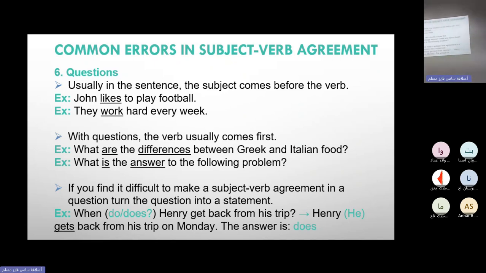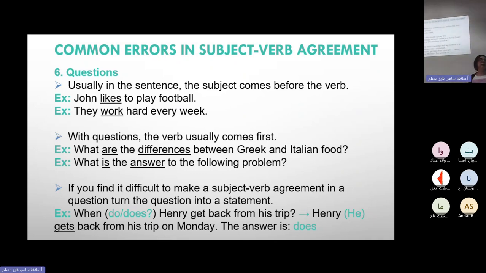If you can't find the subject or the original verb, turn it back into its original form without a question. So, when does Henry get back from his trip? How do we know if it's singular or plural? Who is the subject? Where is the verb? We take it back to its original form.